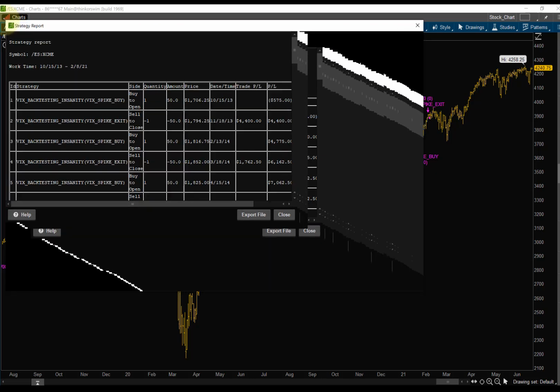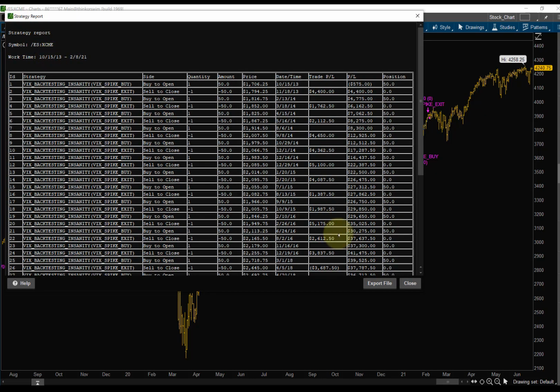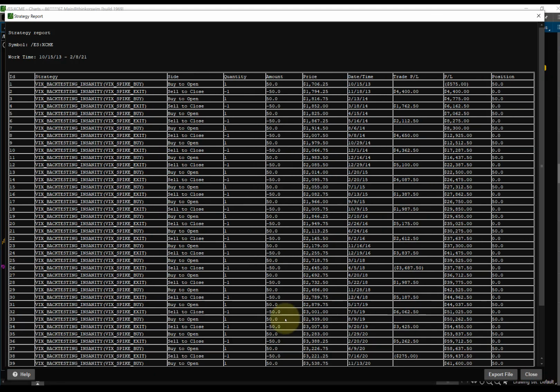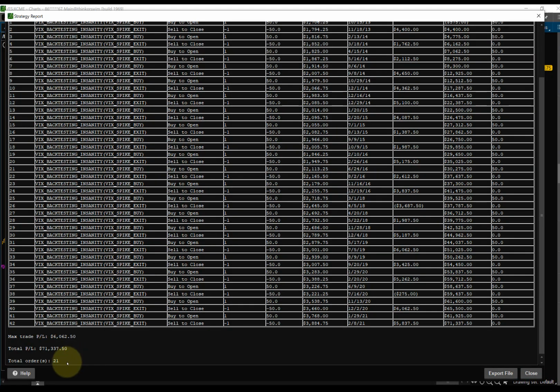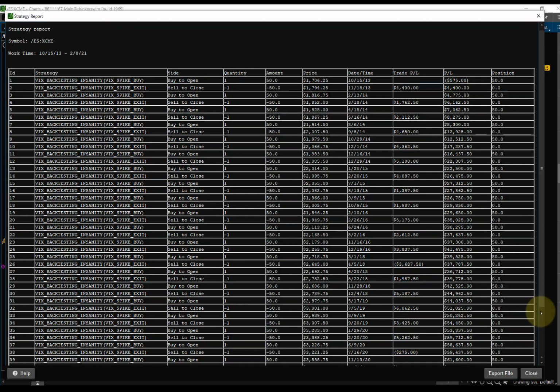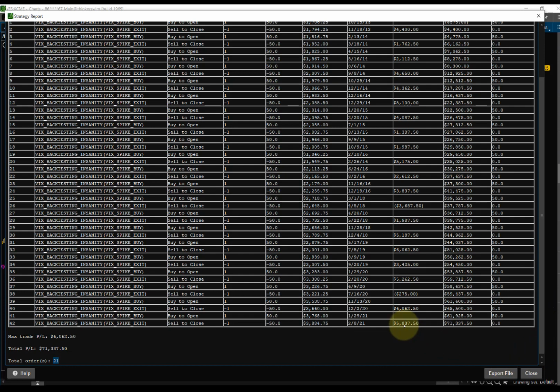Now again, we're using all the data that they can show us going back to 2013. This time we had 21 total round trips. That's 42 total trades. And if we look at the trade P&L, it looks like we didn't make the max amount here, but still profitable. One loser. And then recently we have a scratch, a break-even trade, and then right back to the winners.